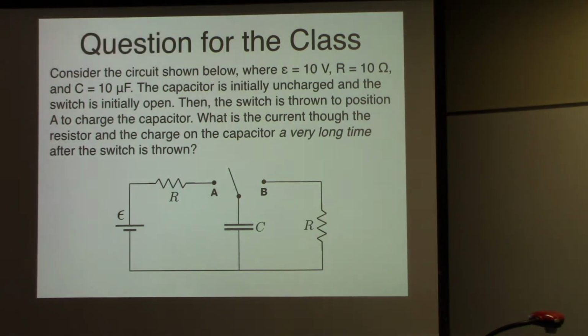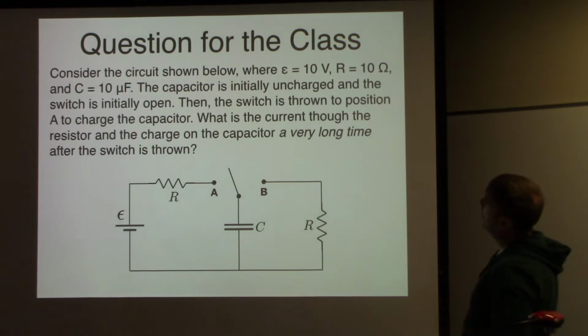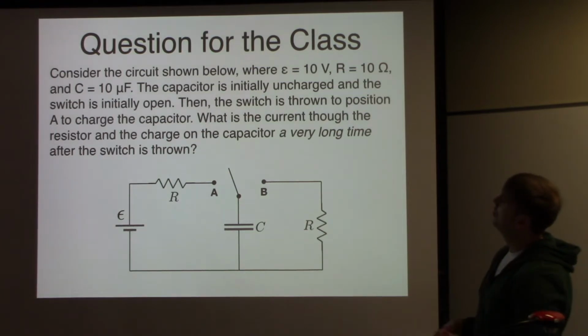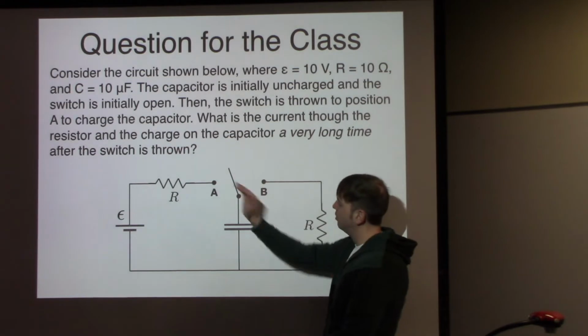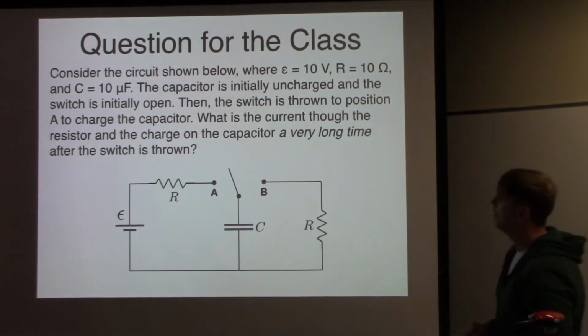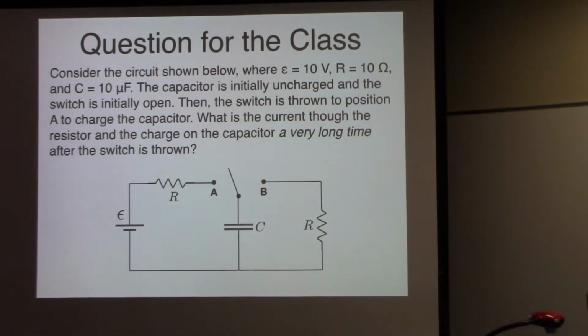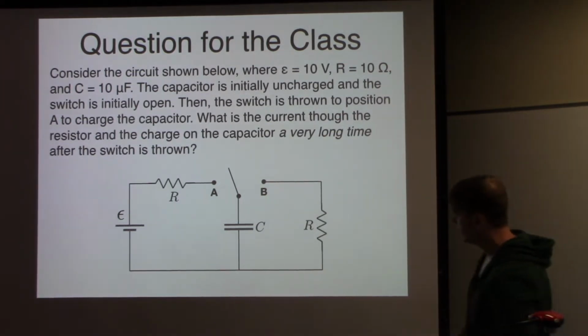Same exact situation, and all the values are the same for epsilon, R, and C. But now we want to ask the question, what if we wait a really long time after we set the switch to position A? So it's been charging for a very, very long time. We might as well say, instead of t equals 0, t is equal to infinity.